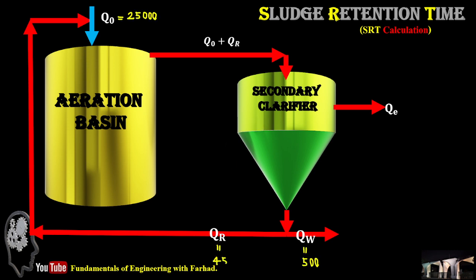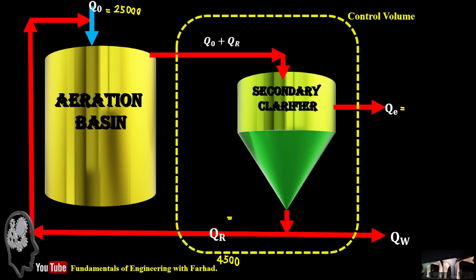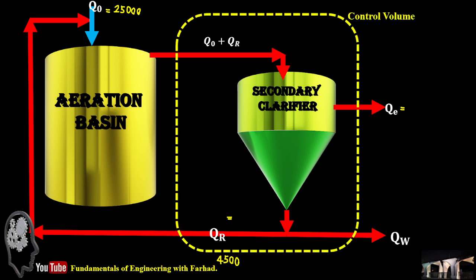So Q naught is 25,000 gallon, Q recycle 4,500, Q waste is 500, and after one cycle, Q recycle added to the initial Q goes to the secondary clarifier. If we create a control volume around the secondary clarifier and use the mass balance equation, we can get our unknowns.